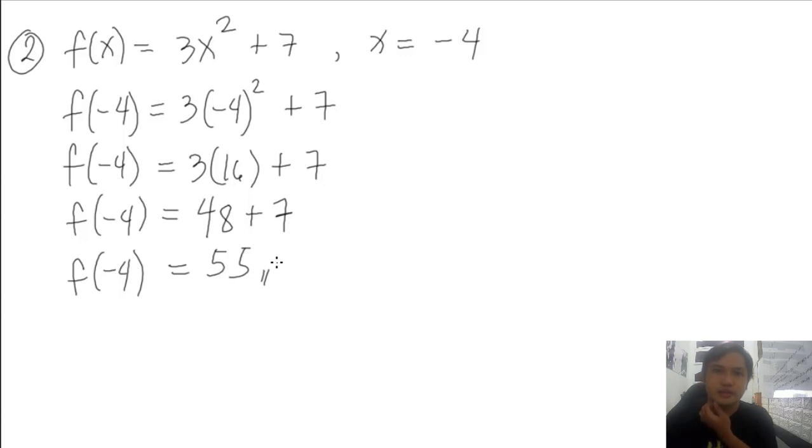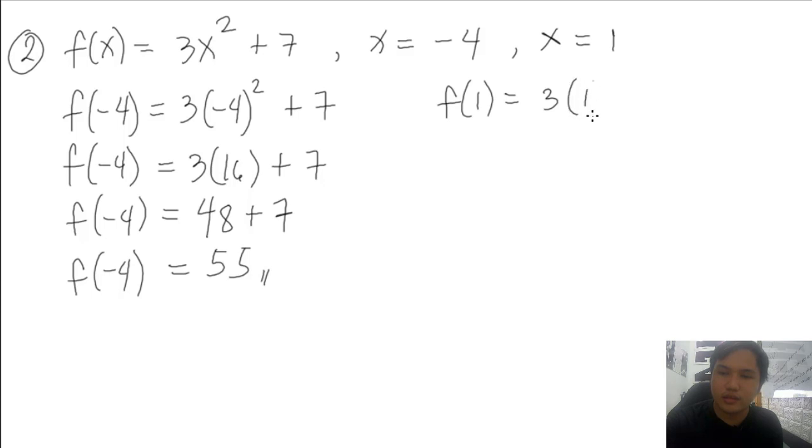55. What about if we are going to evaluate it at x equals 1? Mangyayari, f of 1 equals 3 times 1 squared plus 7. F of 1 equals 3 times 1 squared is 1, so 3 times 1 plus 7.